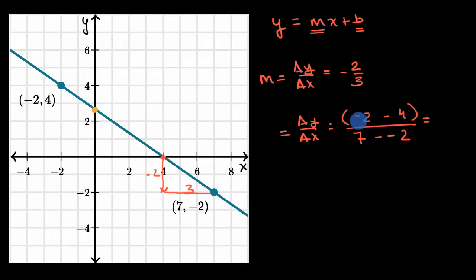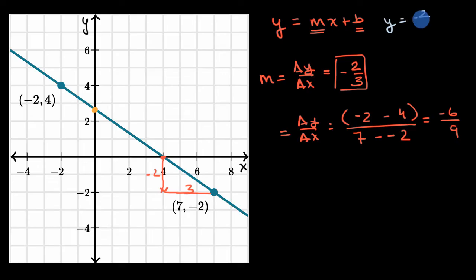And so this is going to be equal to, let's see, -2 minus 4 is -6. And then 7 minus -2 is the same thing as 7 plus 2, which is 9, which is once again, -6/9 is -2/3.